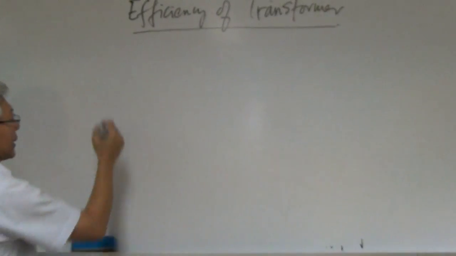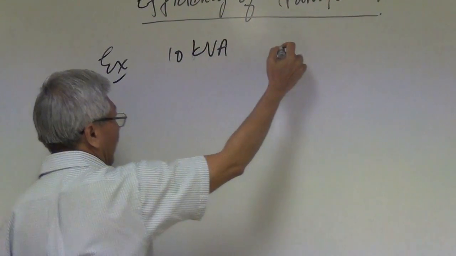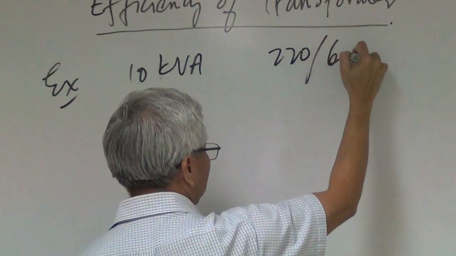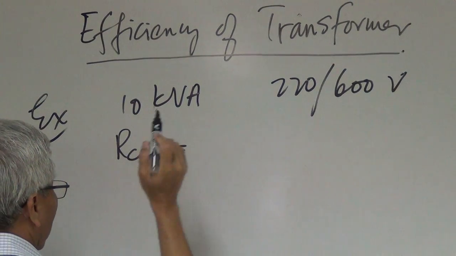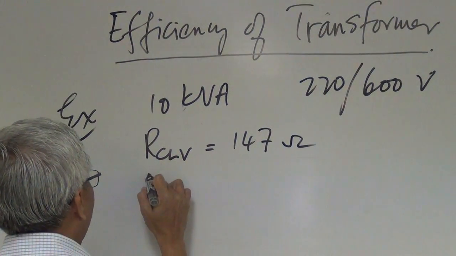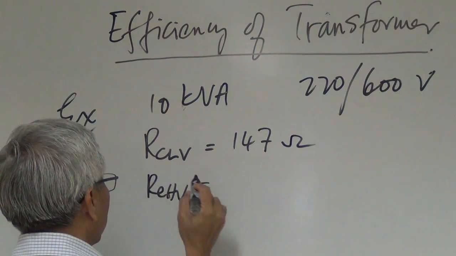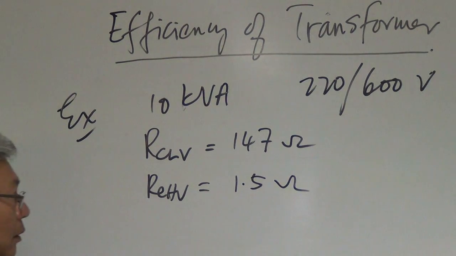Right? So for example, there's a 10 kVA transformer, and this is a 220/600 volt transformer, and you're told that RCLV is equal to 147 ohm and REHV is equal to 1.5 ohm. Right?